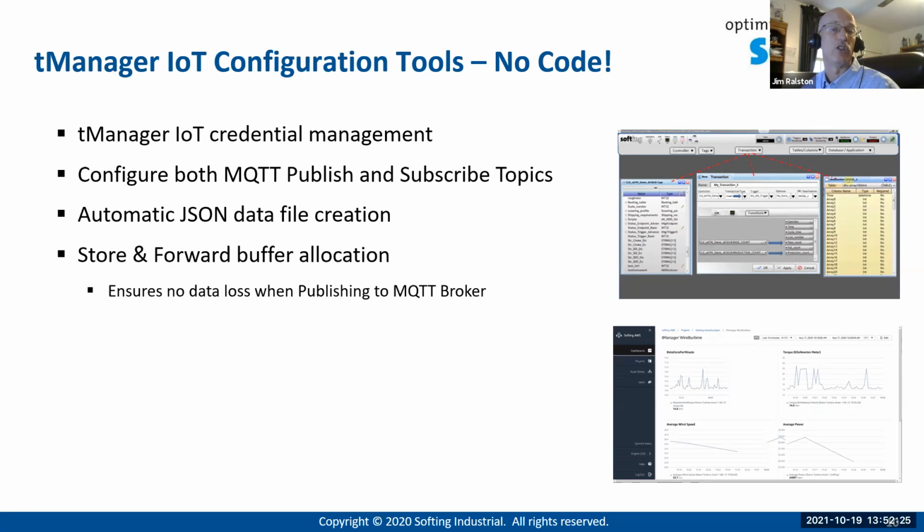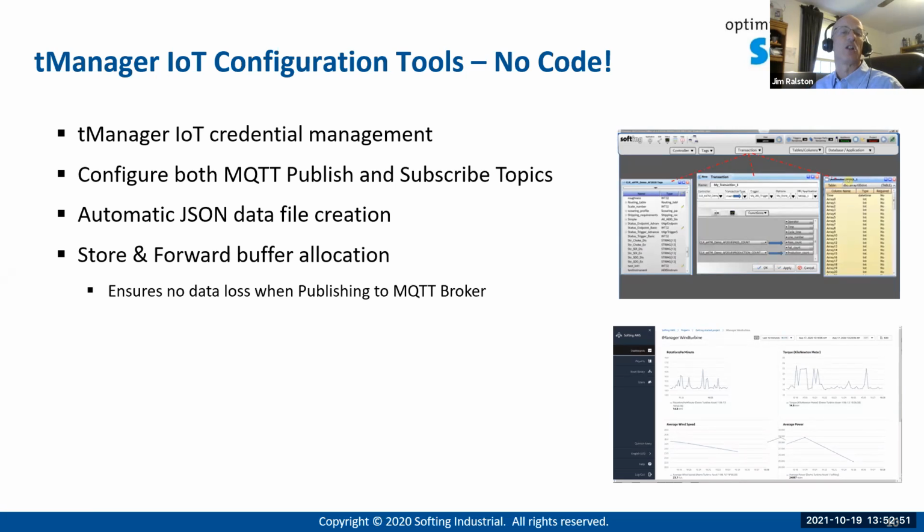And that's often done using JSON, which is a JavaScript data standard. So one of the interesting things about tManager, and when I play the video, which hopefully it will play, we can automatically create the JSON data structure from the PLC data, especially a UDT, if the data is formatted that way.